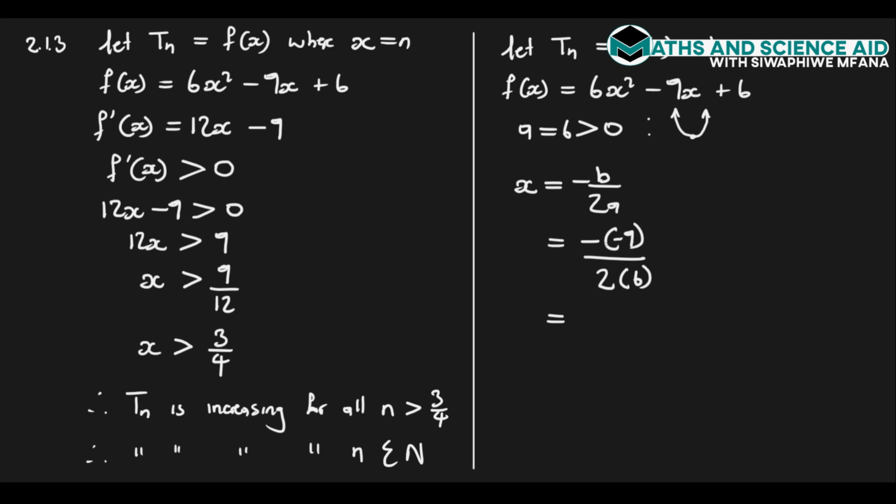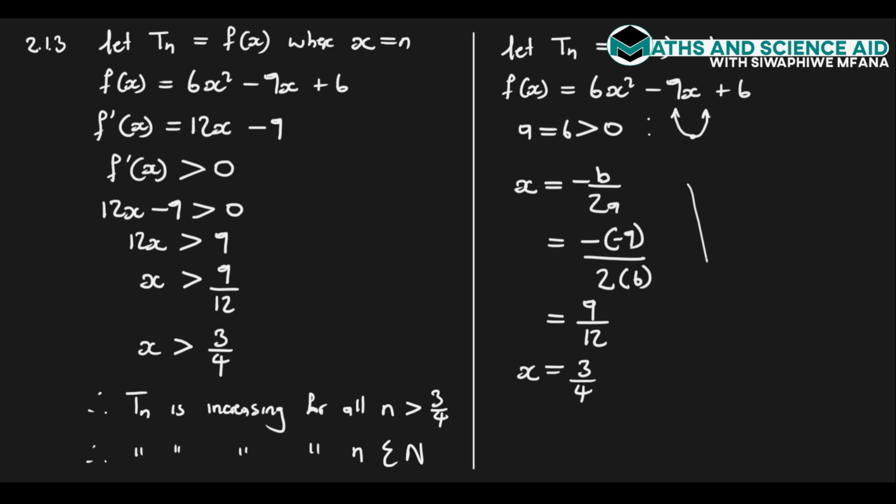I hope you can see it already, because what we are going to get here is positive 9 over 12, exactly the same as this value we had gotten when we applied differential calculus. And of course, 9 over 12 is equal to 3 over 4. And as we had discussed, 3 over 4 is simply the turning point of the graph of this function.